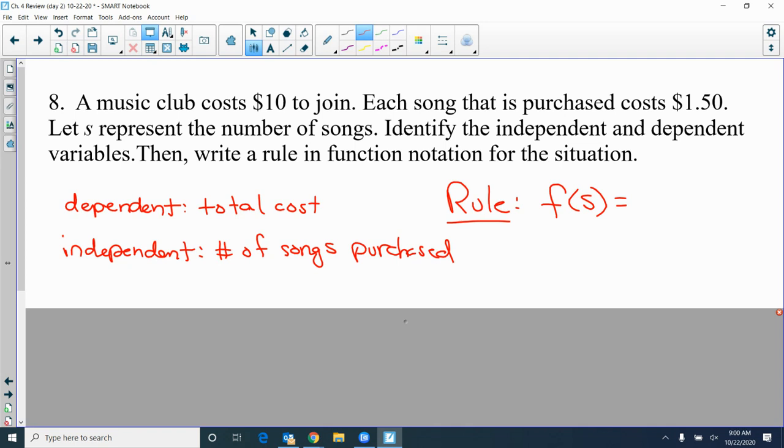Amanda, what do you think the rule would then be? 1.50s plus 10. Okay, 1.50s plus 10. Or 10 plus 1.50s. That would be the exact same thing. So that would be good. All right, good. Perfect. All right, so that's number what? 8? Oh, there you are.